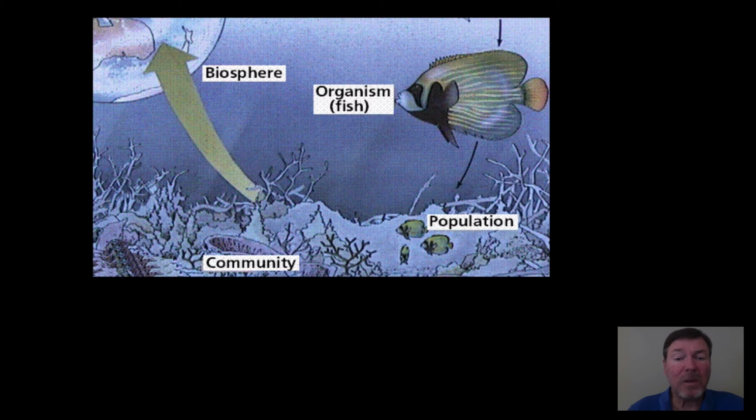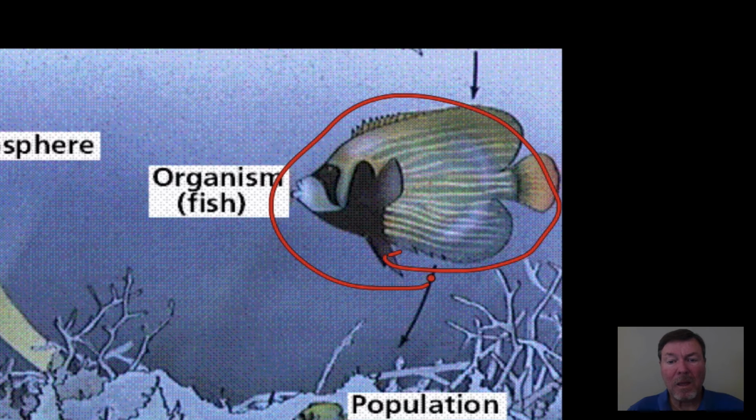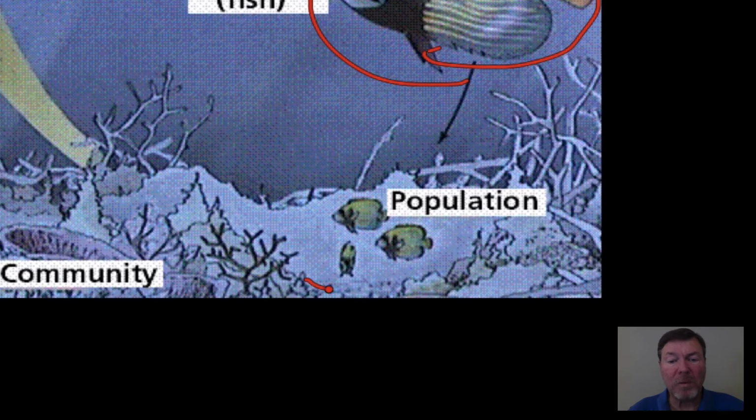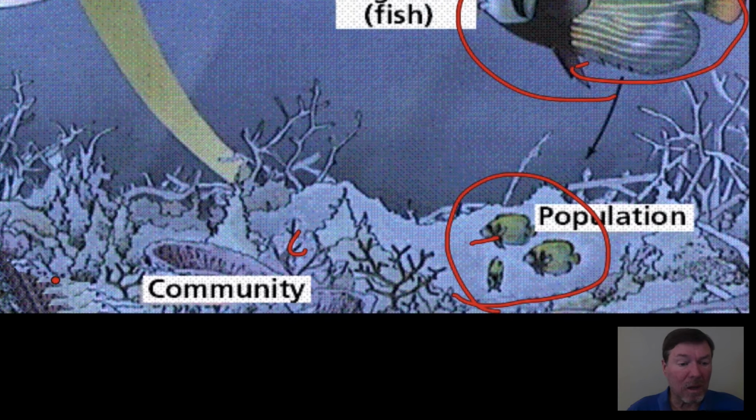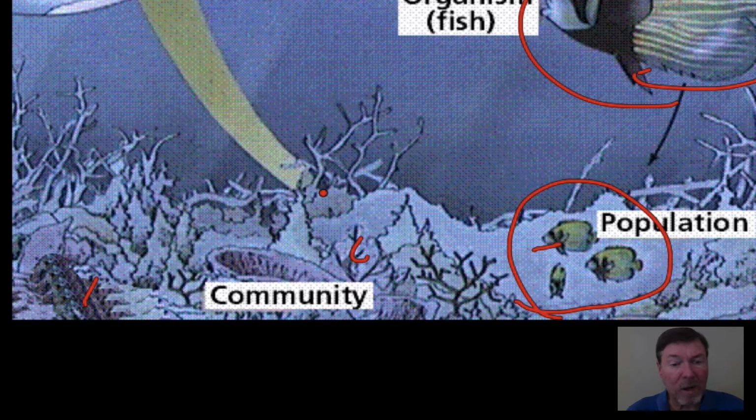And then we go from the organism to the population, which is a group of the same organism. So this one fish is an individual, an organism. You have a bunch of those kind of fish, and you have a population. You take a whole bunch of different populations, for instance, the fish, the coral, this probably looks like an arthropod, some kind of sea anemone, and we end up with a community.